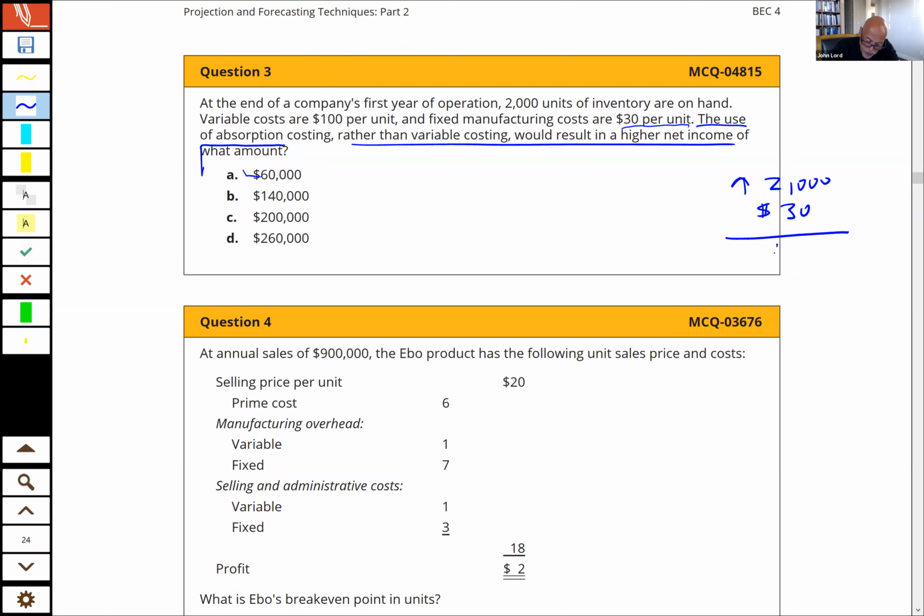That gives me the 60,000. So when you look at these questions of absorption versus variable, at the end of the day, guys, it comes to: did the inventory go up or down, and what is the fixed manufacturing overhead per unit? That's how you calculate the difference between the two.